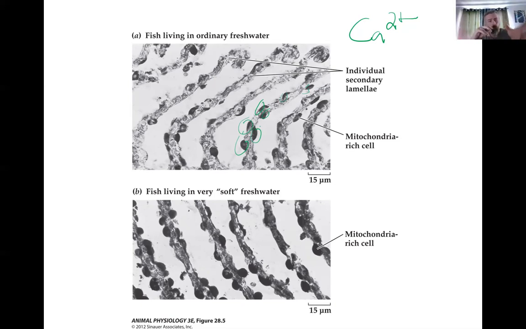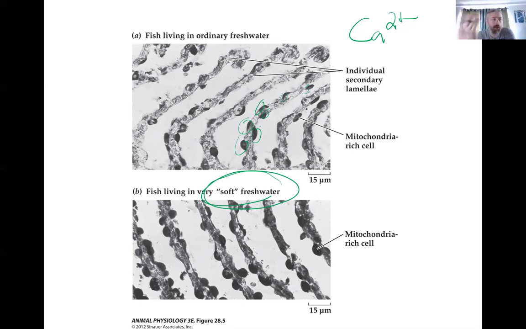Where this comes into play is when we take freshwater fish and we start really altering their water chemistry, right? So if we put a fish, for example, I have no idea what kind of fish this is, in soft water, right? You may have a water softener in your house.